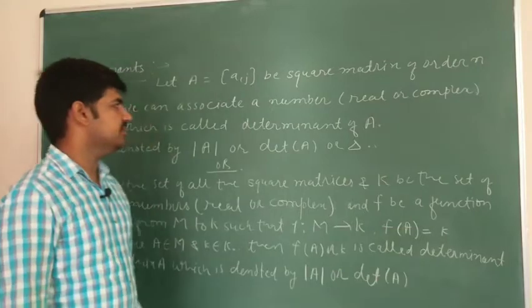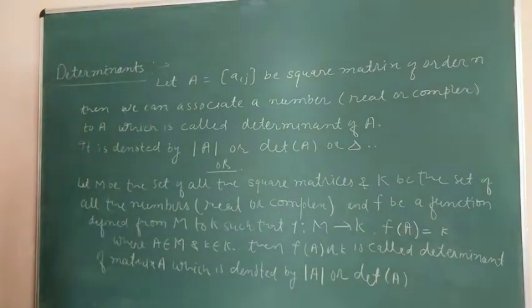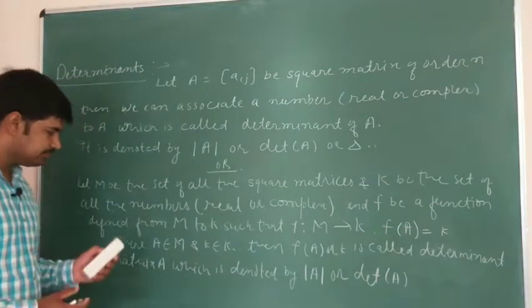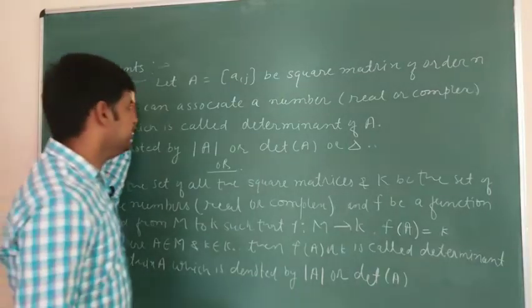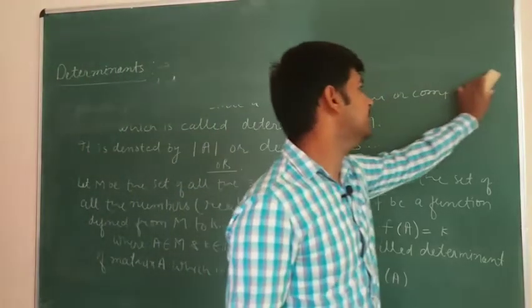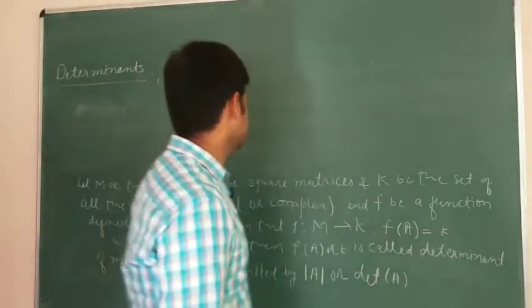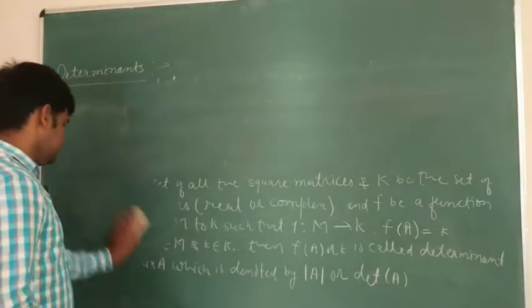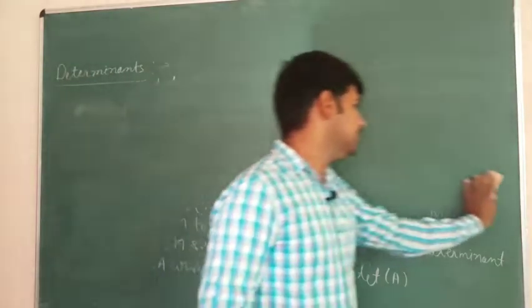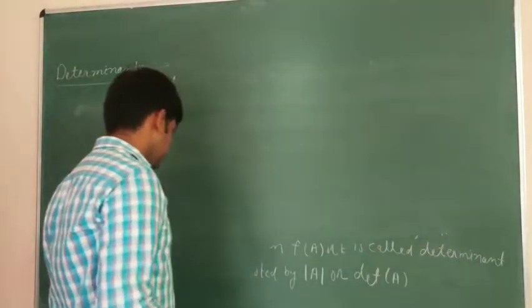So these are the basic definitions, and now we will be talking about determinants of square matrices of different order. So first of all, I am talking about determinant of a square matrix of order 1.